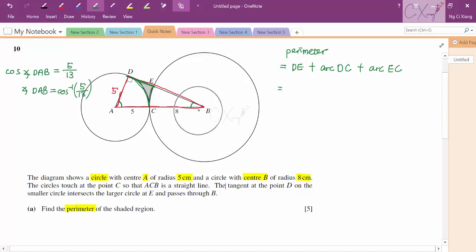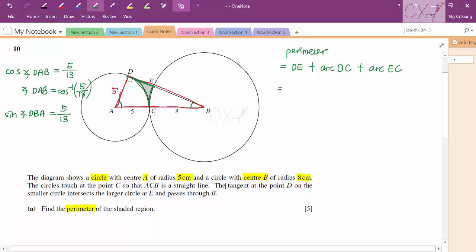All right, then now let's have a look for this angle. This is the angle DBA. You can see that the sine for angle DBA is also equals to 5 over 13, where it is the opposite length over the hypotenuse.